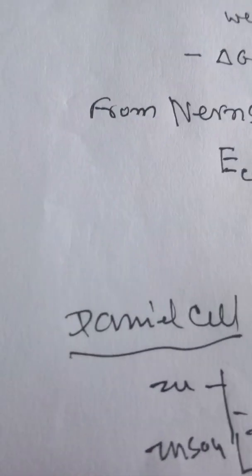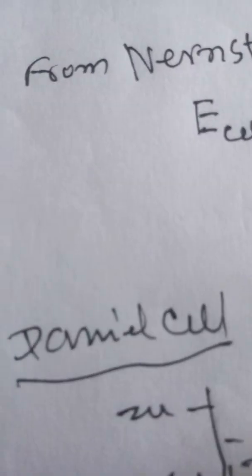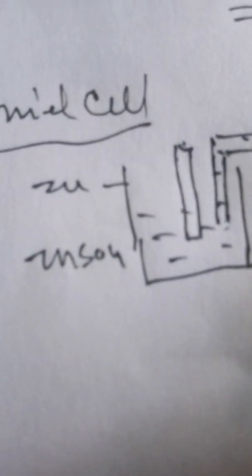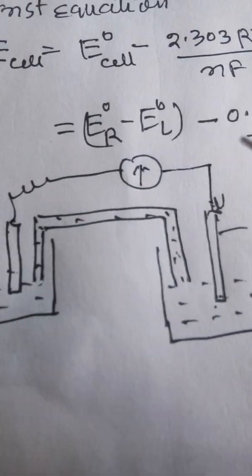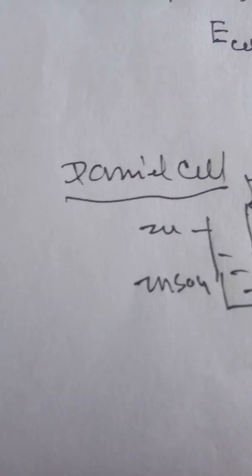Now these two half cells are connected by a salt bridge. Just see here, this is the salt bridge. And the zinc rod is connected by a wire and ammeter, just like this. This is the construction of a simple galvanic cell, which I say is the Daniell cell.